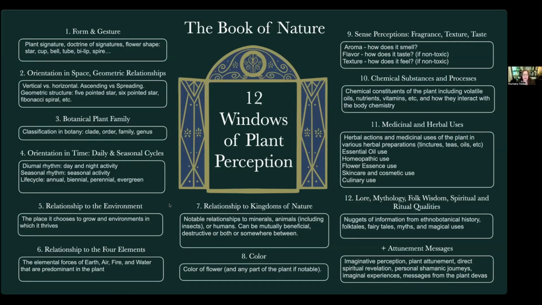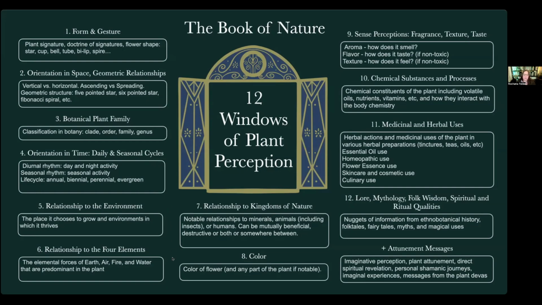And if they have a relationship to the environment, where it grows, where it thrives, where it's from, where it's now growing, all of those things, if it's on a mountain, if it's in a prairie, really inform part of the personality of that plant.